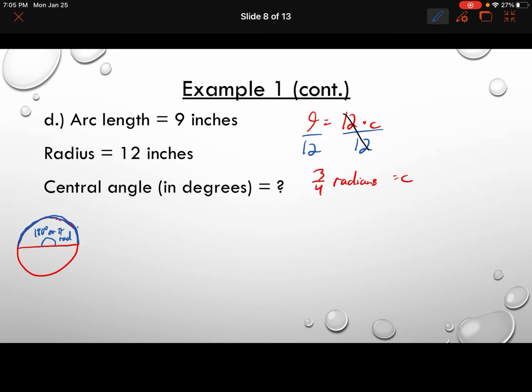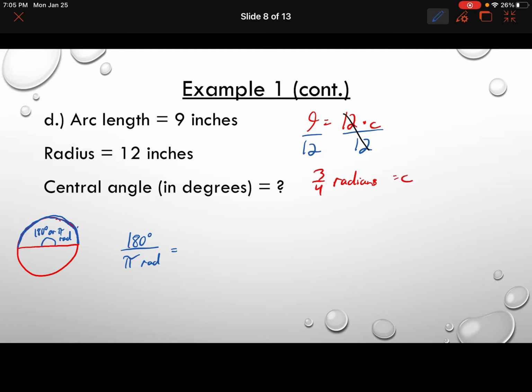That's the proportion we're going to use to help us solve this. We're going to set this up as x degrees over, no, as 180 degrees over pi radians, because they're equivalent to each other. An angle measure of 180 degrees is the same thing as an angle measure of pi radians.